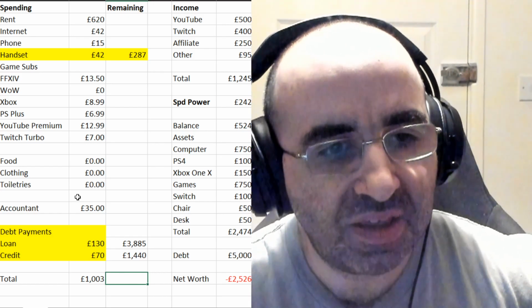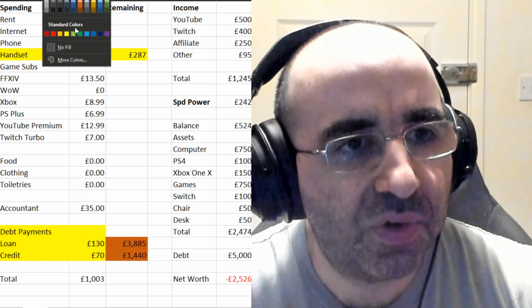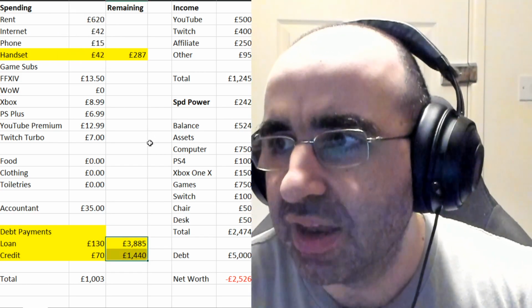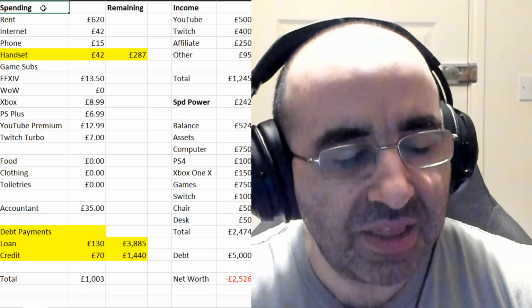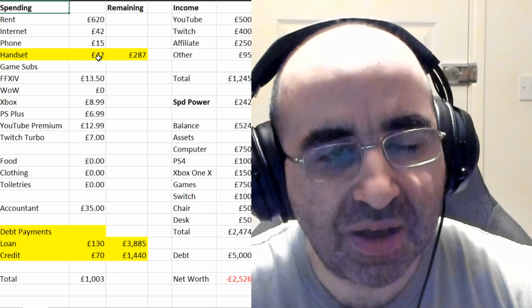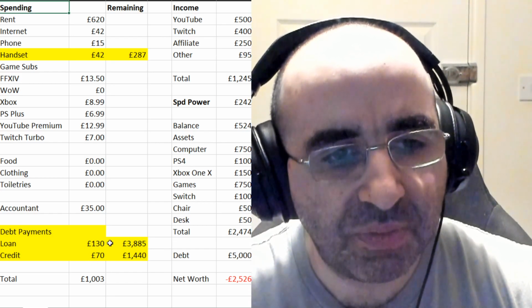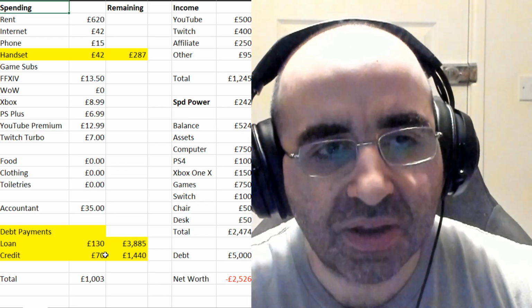So that's the remaining. And as before, we'll set this to yellow because it's something that we want to eliminate. At the moment, my phone handset payments are reducing my spending power £42 a month. The loan is reducing me £130 a month, and the credit is reducing me £70 a month.